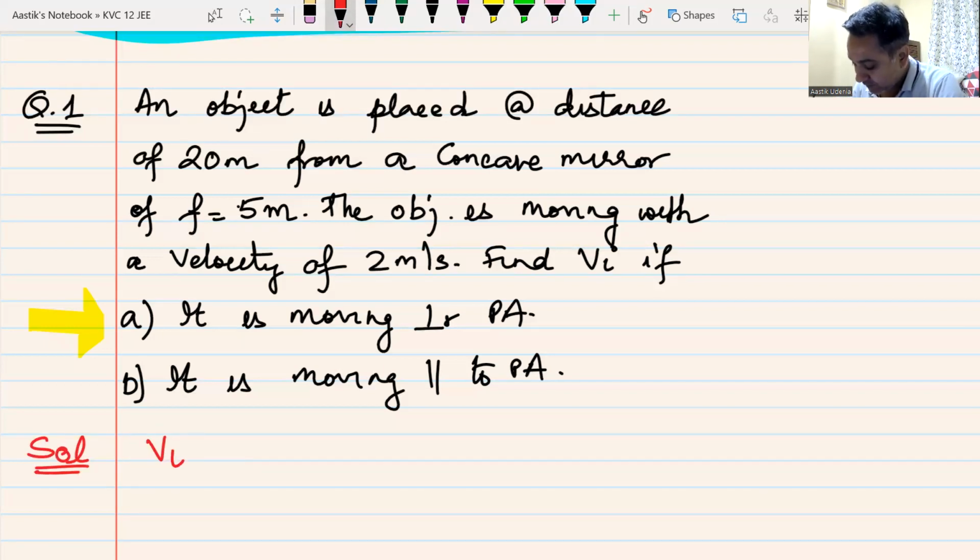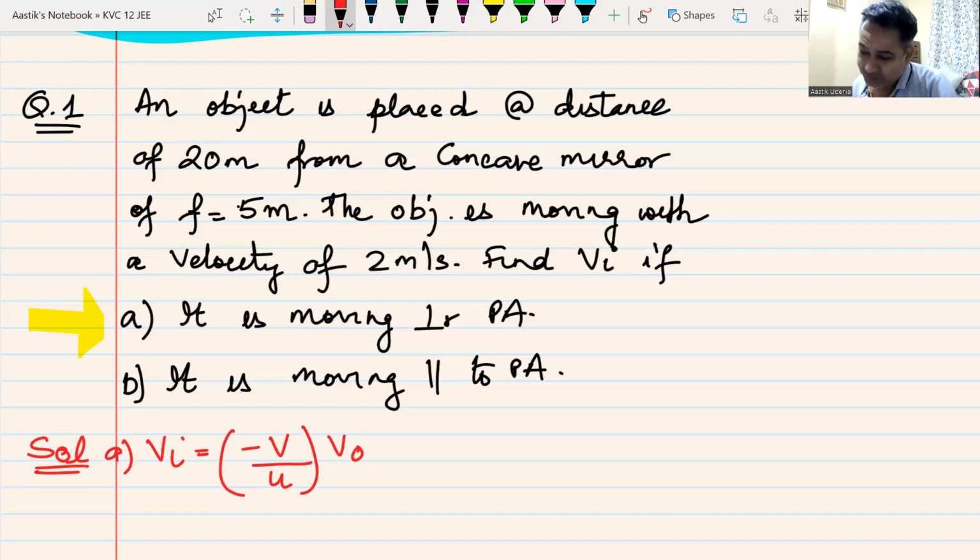Now, velocity of the image in first case, case number A, you can either find it out by minus v/u times v0. Now to find this minus v by u, first you have to find the value of v. You will add another step in the question which is not required. Think smartly. Minus v by u is nothing but magnification m.